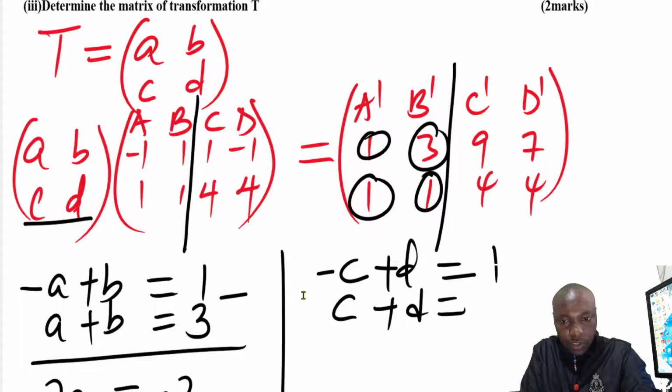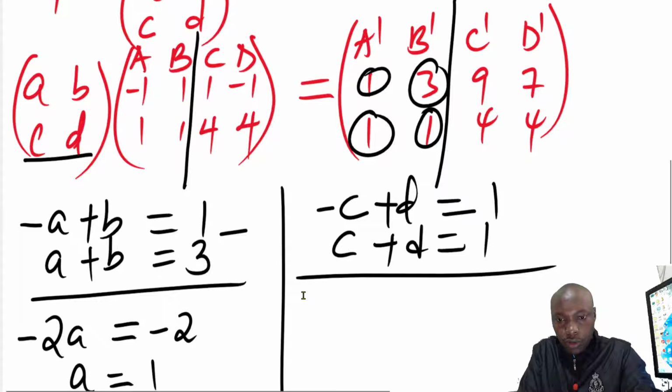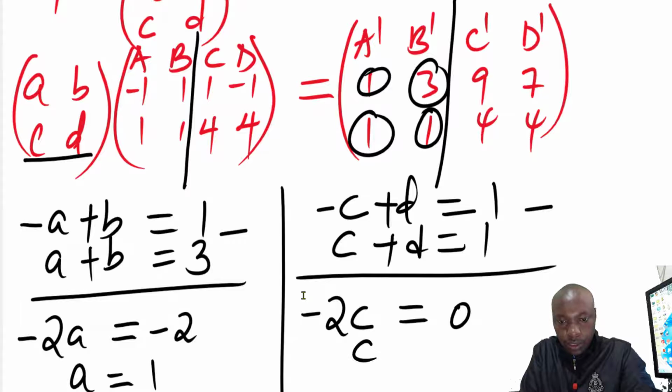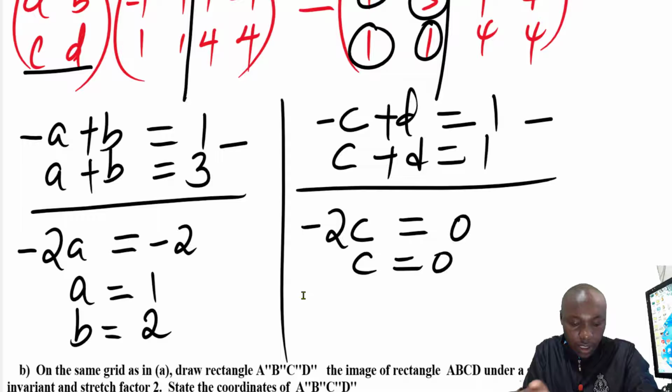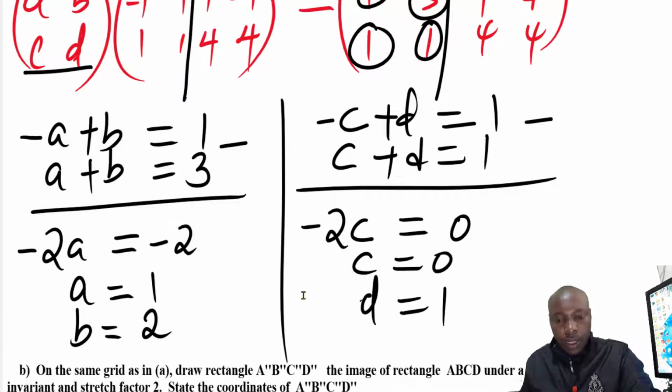That one corresponds to that, which is 1. So I eliminate d again, so I'm going to subtract this. So negative 2c is equal to 0. So c is equal to 0. Substituting c in any of these equations, you realize you get d as 1. So those are the values of a, b, c, and d.